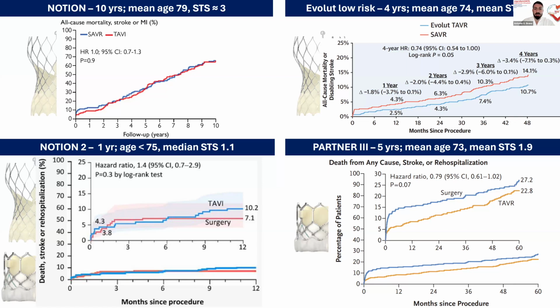And in case of a redo TAVR, this approach will minimize the risk of creating a sort of cover stent, a very tall cover stent that would be created if we implanted a tall profile valve such as the Evolut valve. So in this kind of patient, we prefer to implant a SAPIEN valve, a short profile valve.